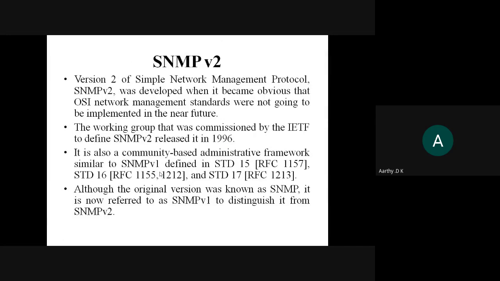Before it was named version 2, it was just called SNMP. The main aim of having version 2 of SNMP was to improve the security features of SNMP. But that was not done in version 2; the security features were enhanced in version 3 of SNMP.